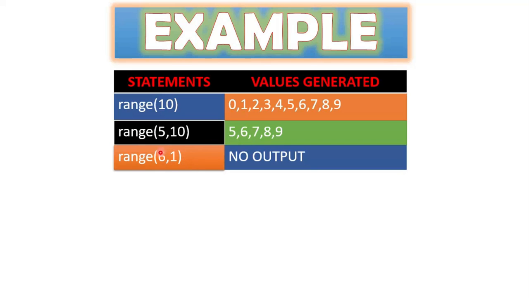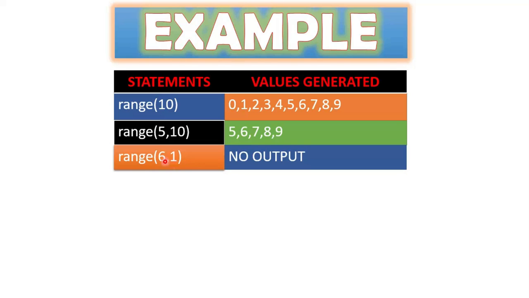Again here 6 is my starting point and 1 is my ending point, and here I have not provided any step value, then again it will take +1 as a step value. But what is the problem? If I do increment by +1 and my starting point is 6, is it possible that at some point I will reach 1?